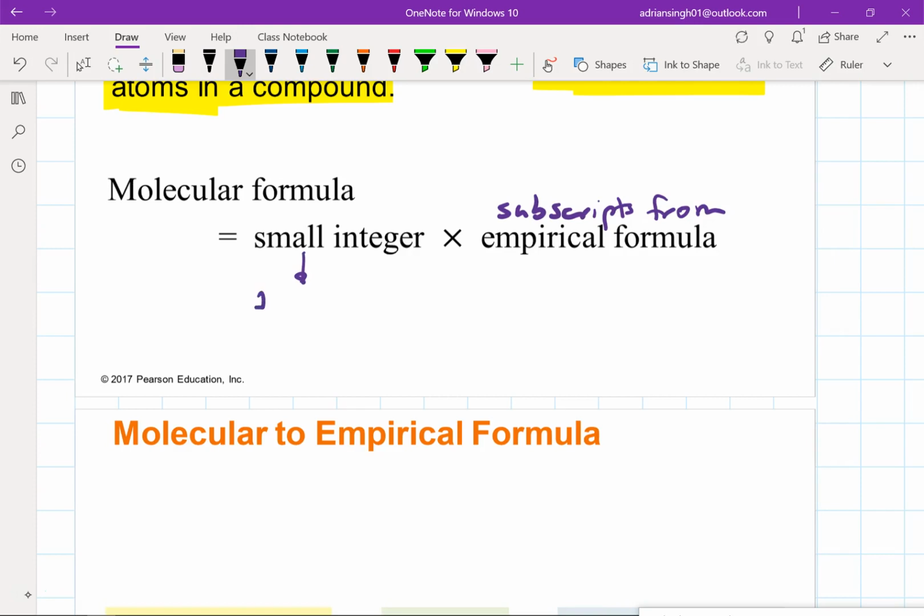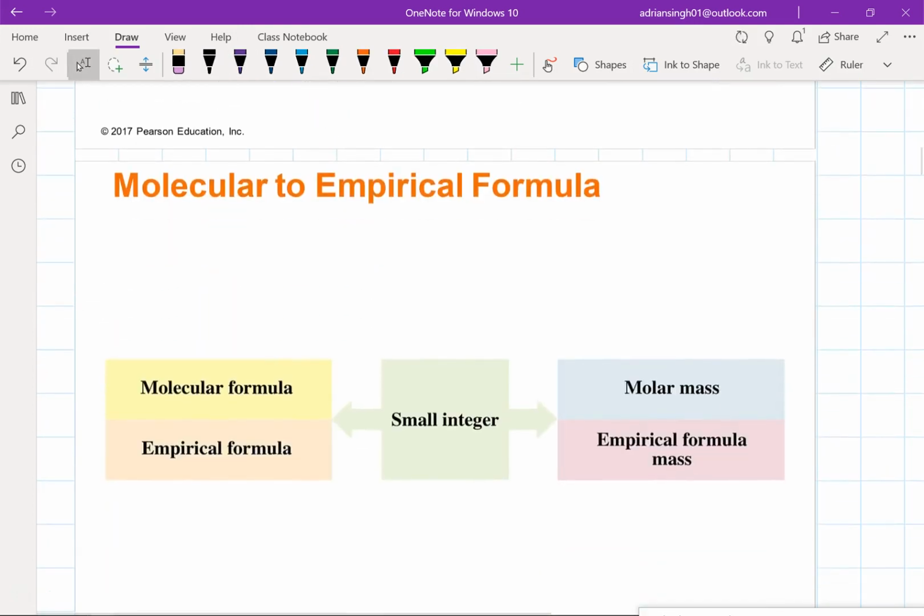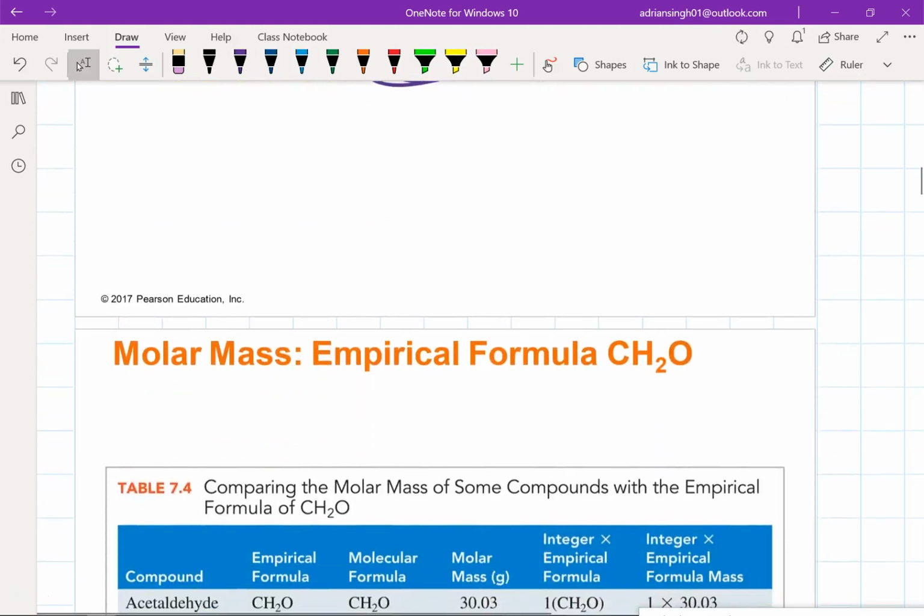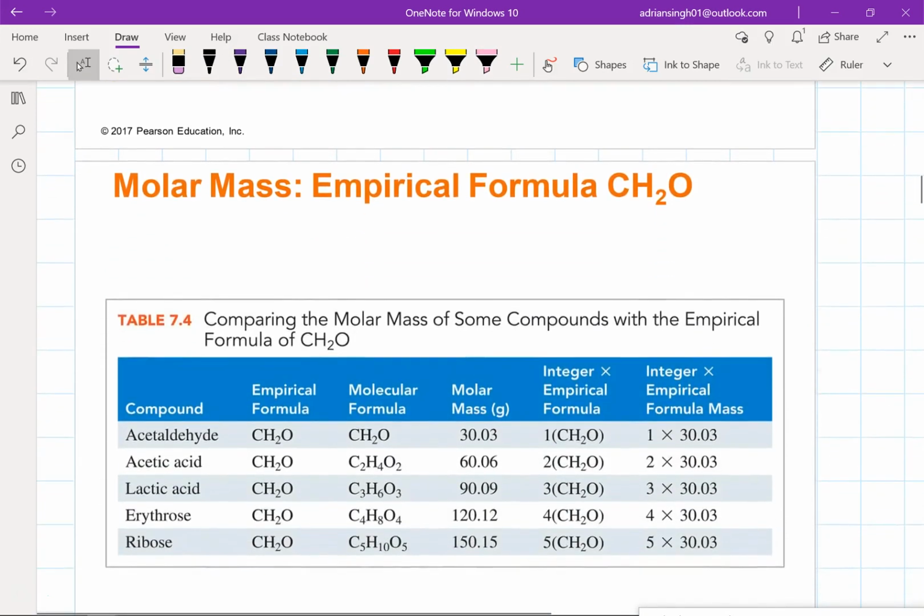That integer could be 2, 3, 4, 5, etc. So we can go back and forth between the molecular formula and the empirical formula by using that small integer. Our goal today is to determine that small integer and be able to determine our molecular formula. So let's recap really quickly.